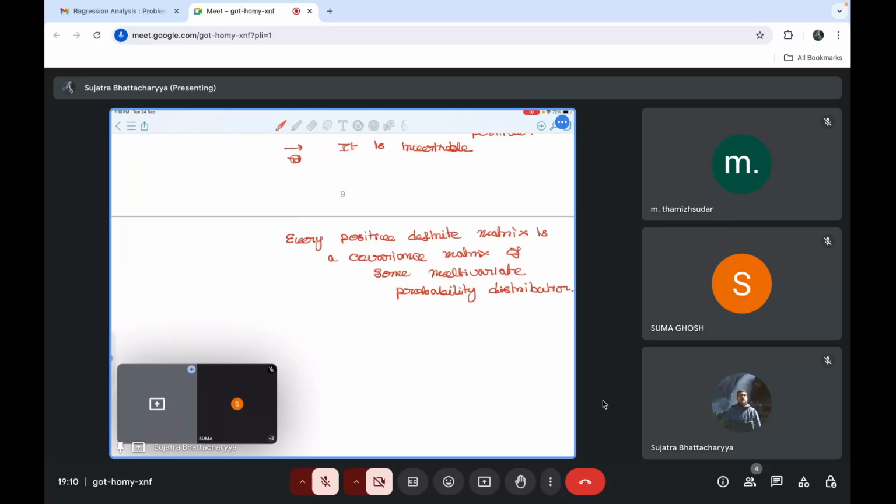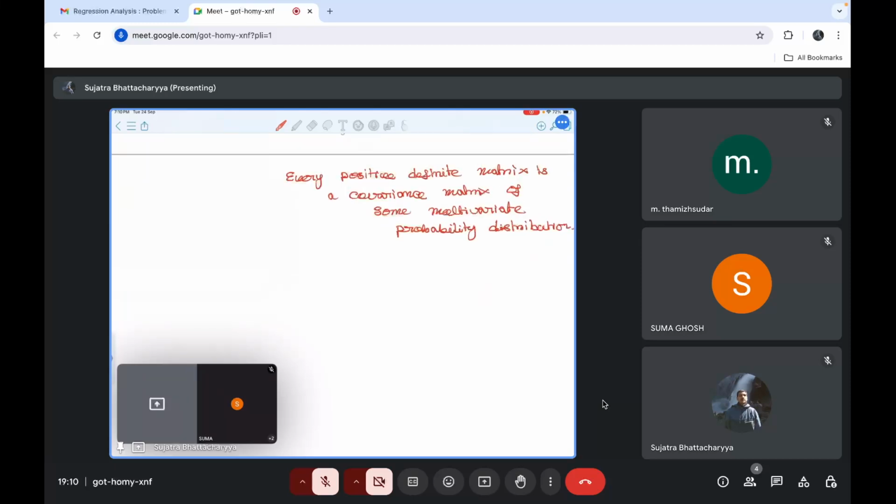Suppose you consider some model, y is equal to X beta plus epsilon. It's an MLR, multiple linear regression model, with the assumption that E of epsilon is zero, but variance of epsilon is some B times sigma square.